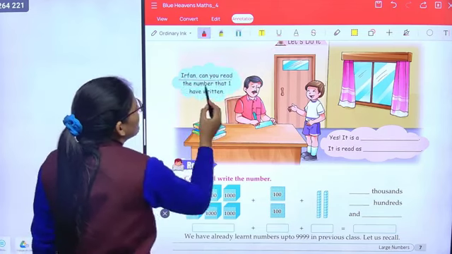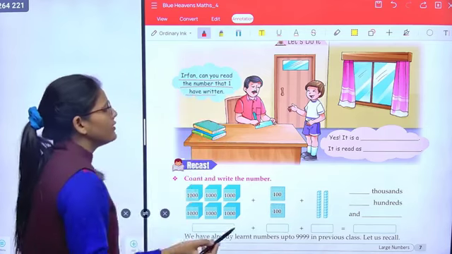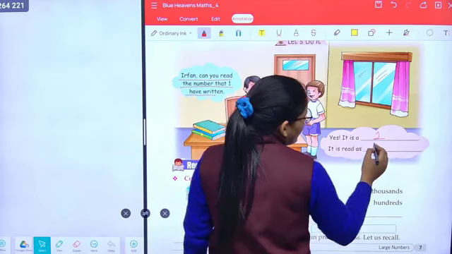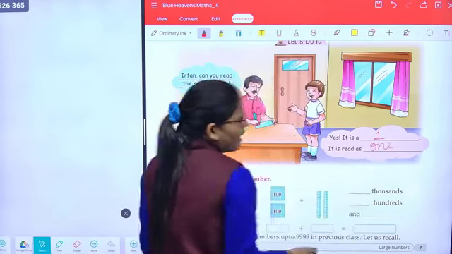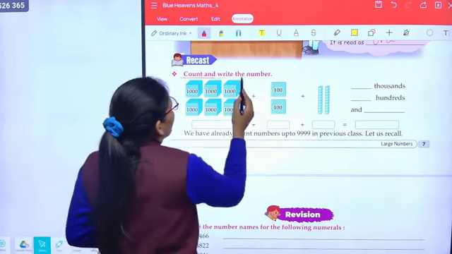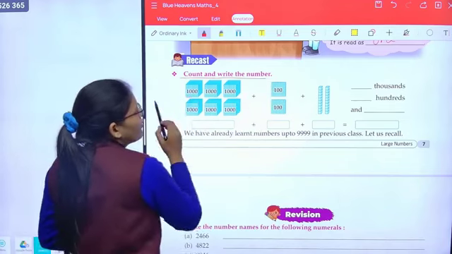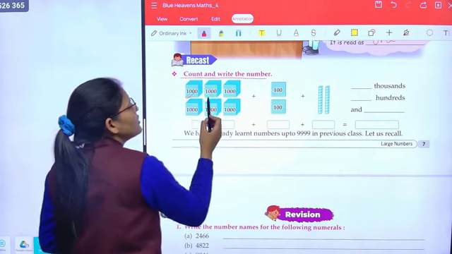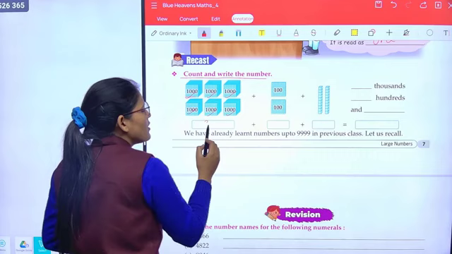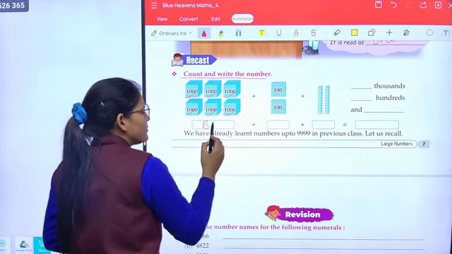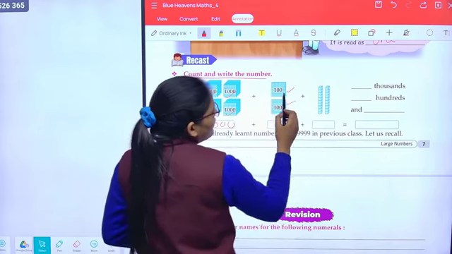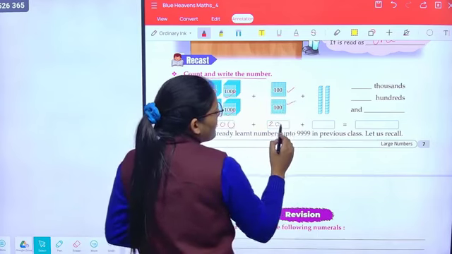Irfan, can you read the number that I have written? Yes, it is read as one. Understand, class? Now, count and write the numbers. One block for 1000: 1000, 2000, 3000, 4000, 5000, 6000. And one block for 100: 100, 200.